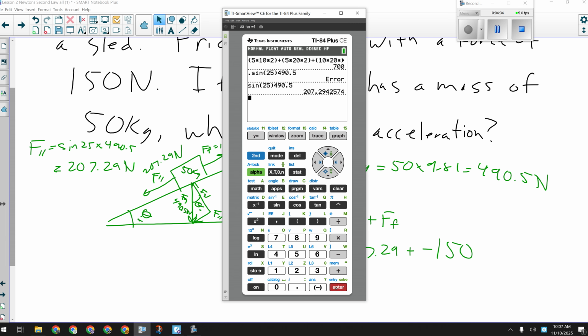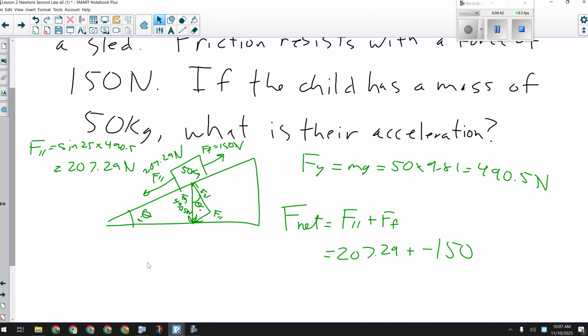Okay, so there's my number, 207. I'm going to subtract from that the force of friction, which was 150. So there's my net force, 57.29 newtons down the ramp.